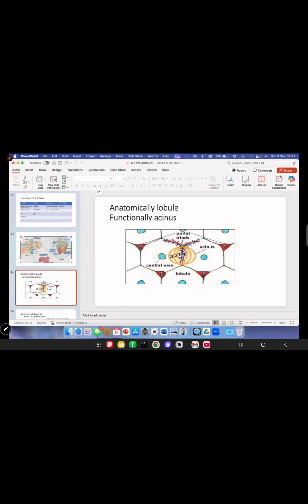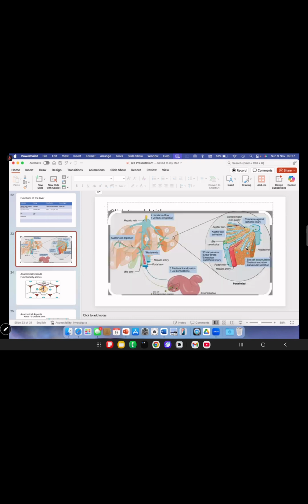So if the patient is hypoxic or hypotensive, liver necrosis starts around the central vein because it already has low oxygen. That's the point that I wanted to highlight.